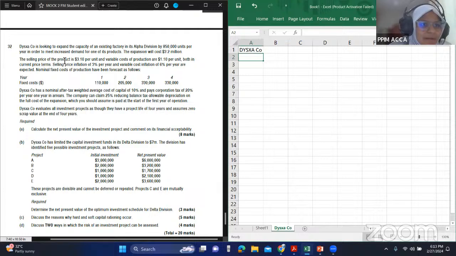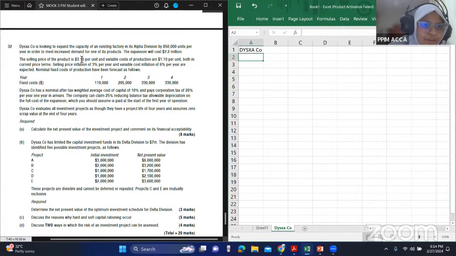Then it says the selling price of the product is 3.1 per unit and variable cost of production is 1.1 per unit, both in current price terms. That means in year naught, the selling price is 3.1 and the variable cost of production is 1.1. That is year naught. Selling price inflation of 3% per year and variable cost inflation of 6% per year are expected.